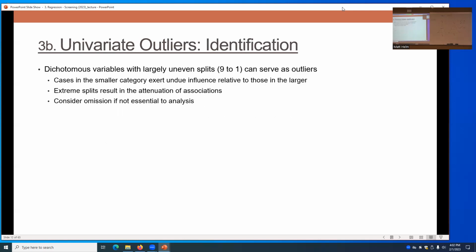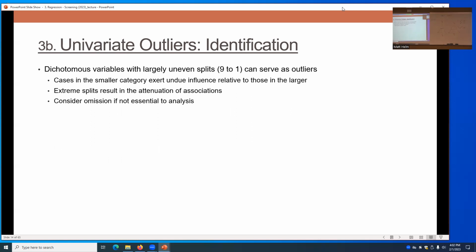So, in terms of identifying univariate outliers, okay, this is the thing we often forget about. This applies to some group-based analyses, but also to our continuous models where we've got dichotomous indicators, right? If I have dichotomous variables with uneven splits, 9-to-1, we can still talk about these as outliers.